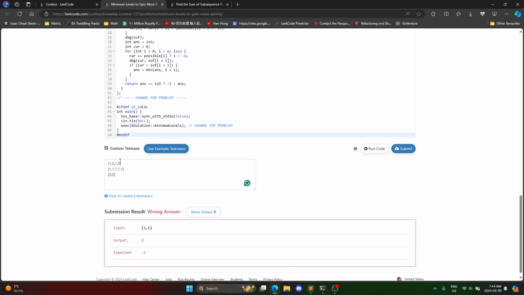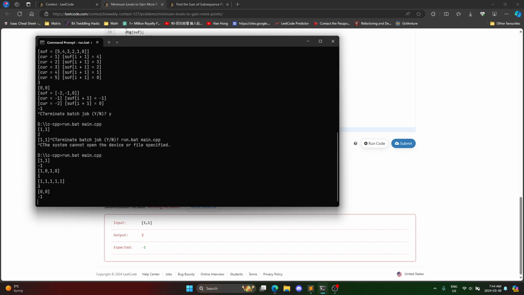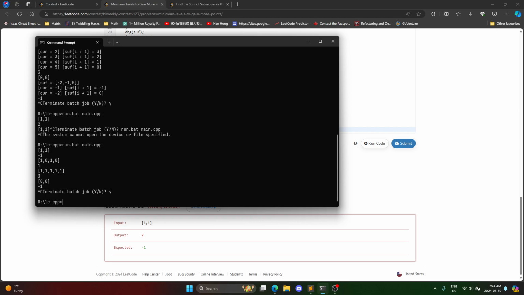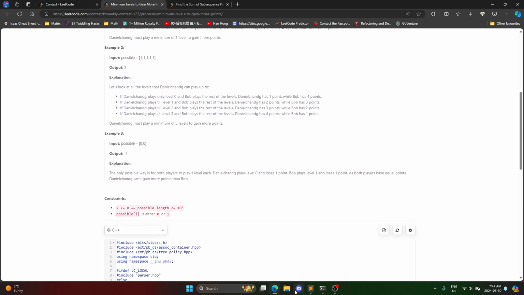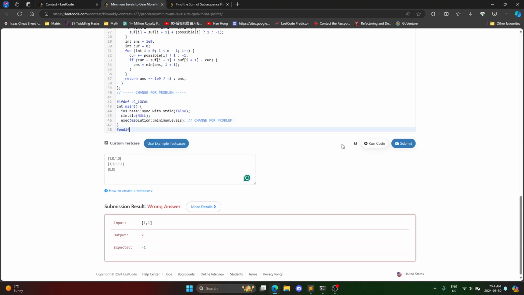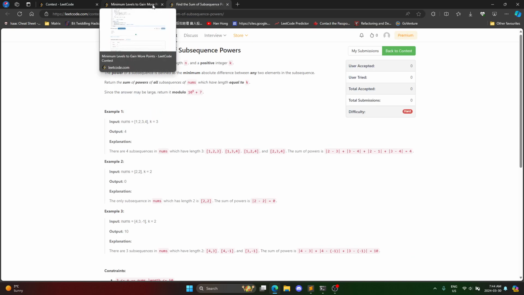So I'll copy this test case. Yeah, okay. So this should work now. We just run it and make sure no behavior divergences.